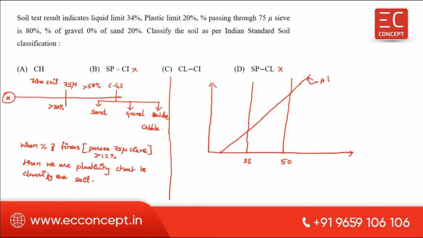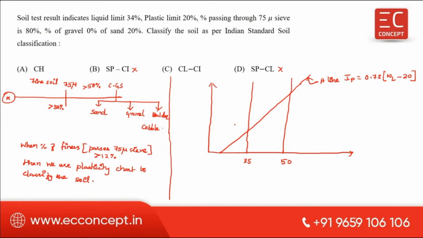This is the A line. Okay. And the A line plasticity index is equal to 0.73 times liquid limit minus 20. So this is 35, this is 50.